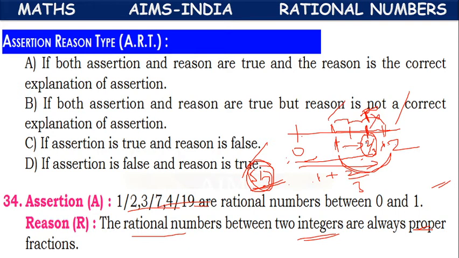It is wrong. Between any two integers, there may be improper fractions. So the reason is false, the assertion is true. So option C is the correct answer. Like that, while solving IIT problems, you have to think and see all the possibilities, children.